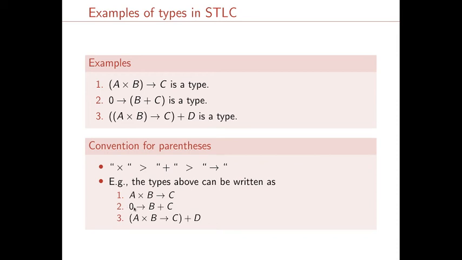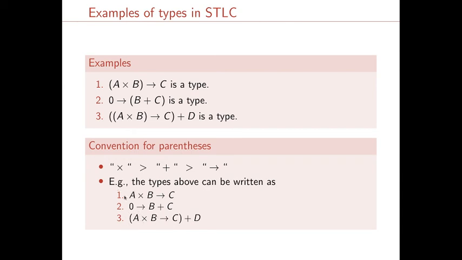The second example can be written again without any parentheses, 0 arrow B plus C, because by convention we imagine parentheses around B plus C, because the plus binds more tightly than the arrow. In the third example, we can omit one pair of parentheses around A times B.